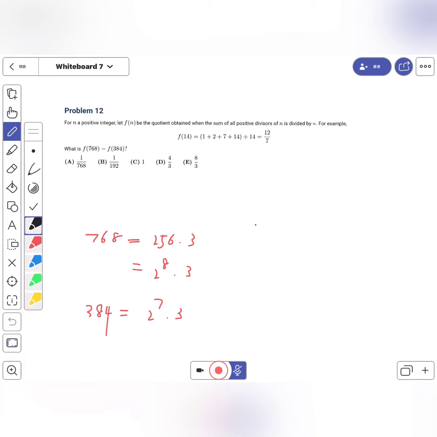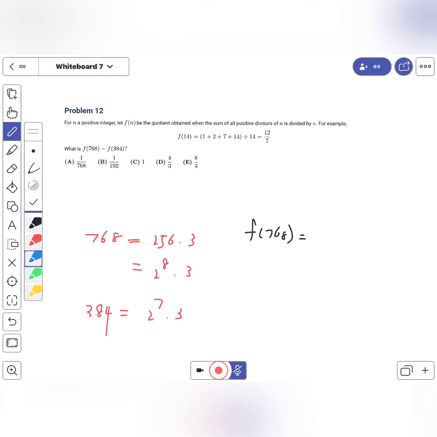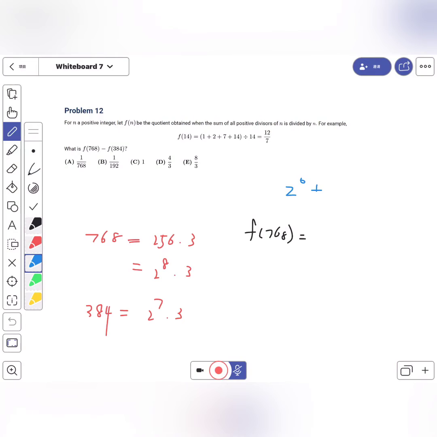So f of 768 is going to be, first you see that we can try to find the sum of the 2 part. For 2 to the 8th, you can have 2 to the 0, and you can also have 2 to the 1, and then dot dot dot, until 2 to the 8th. And therefore the sum is going to be 2 to the 9 minus 1.